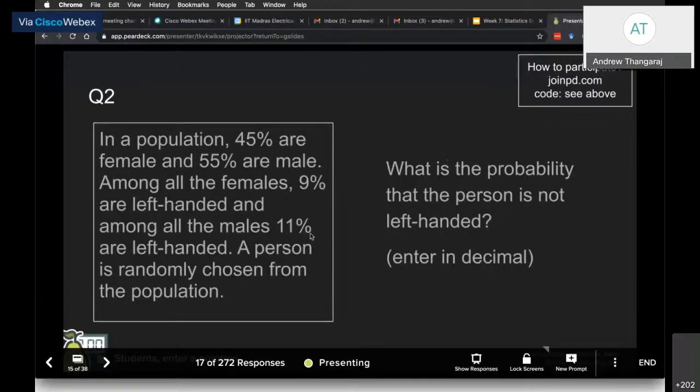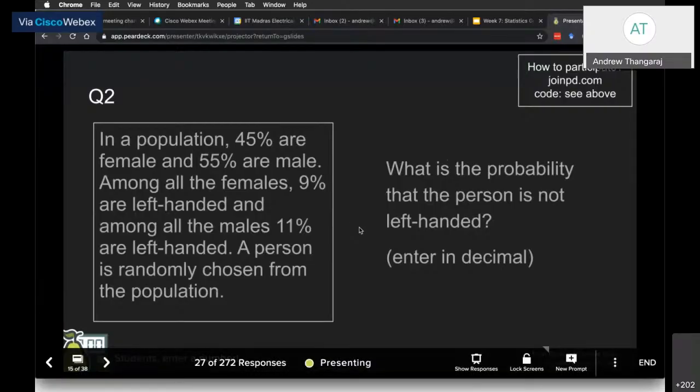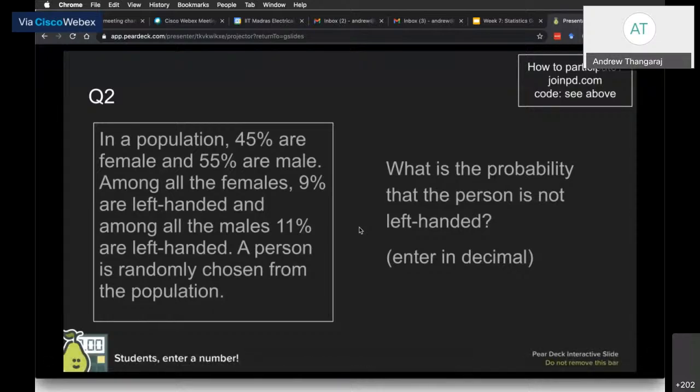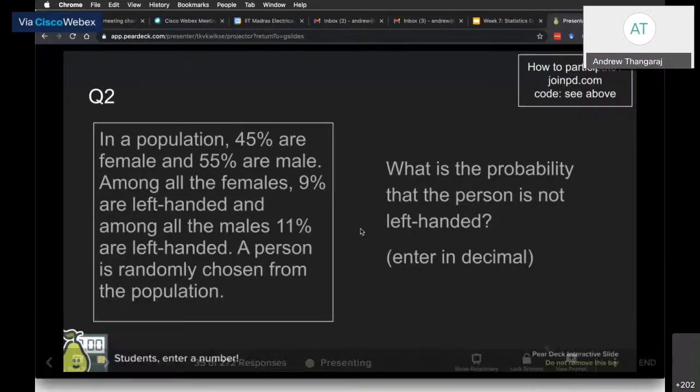Hopefully, you've seen that in your class. So use that and try to work out the answer. Once you've worked out the answer, you can put in your response. Again, enter it in decimal. You can use 3 decimal places.